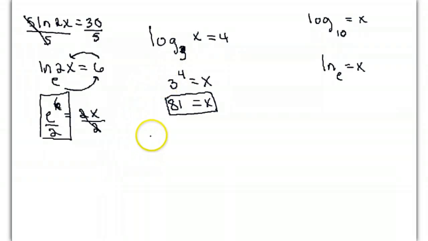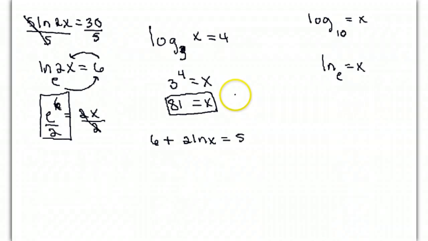How about this one? What if we've got 6 plus 2 ln x equal to 5? How do you get rid of the 6? You subtract, because that's just a regular number, so you can put it on the other side with the regular number.